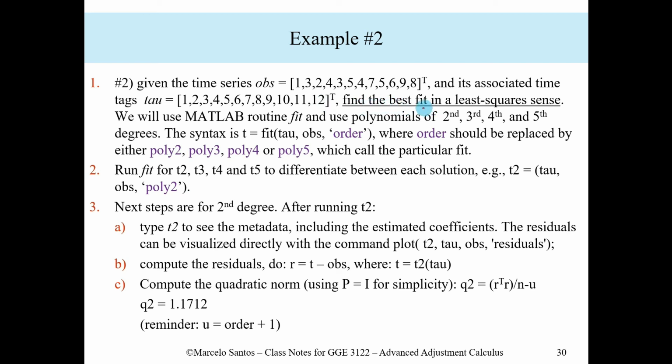Find the best fit in the least squares sense. We will use the MATLAB routine fit and use polynomials of second, third, fourth, and fifth degrees. The syntax is t equals fit(tau, OBS, order), where order should be replaced by either poly2, poly3, poly4, or poly5.